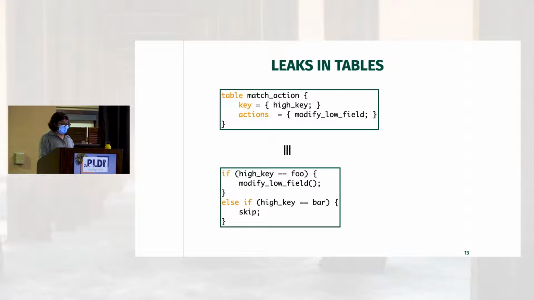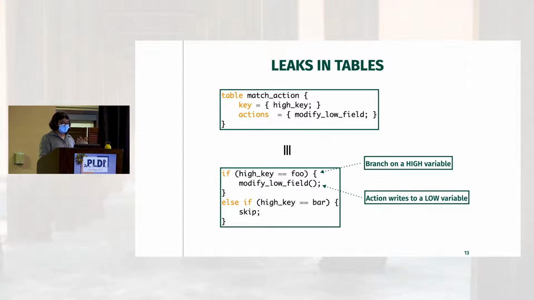Now, to understand why, we can semantically unfold the table into a conditional block where you would be branching on the high variable, which happens to be your key that the table defined. And then you would be invoking an action that would be writing to a low variable. Recall this is one of the classical implicit leak scenarios presented in classical IFC.